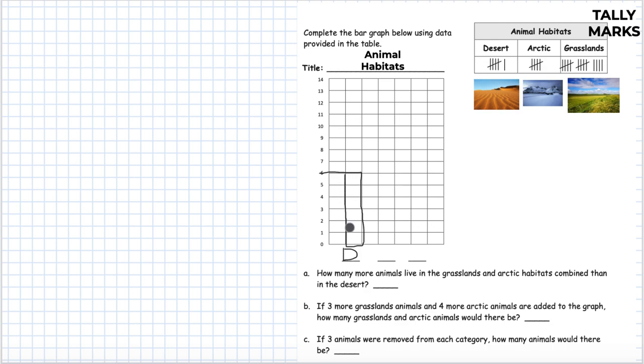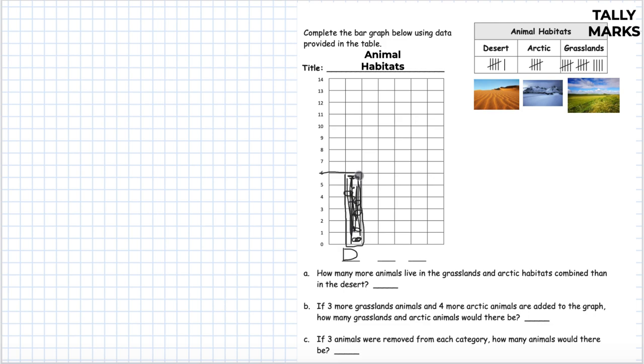Another way that you can tell if you are marking your bar graph correctly is by counting the square tiles. So 1, 2, 3, 4, 5, 6. So you can either go to the number and kind of draw a line across to make sure you're in the right space, or you can count the number of square tiles.